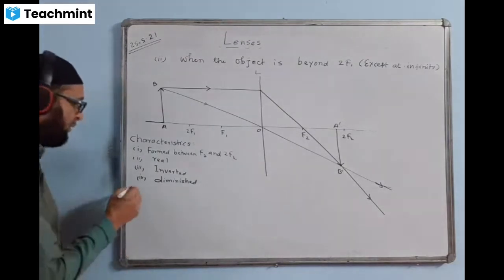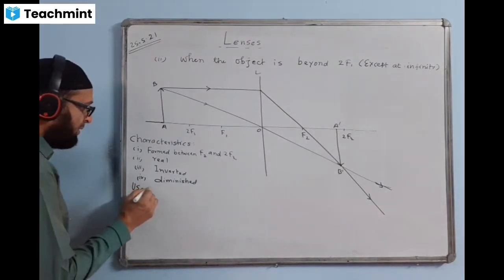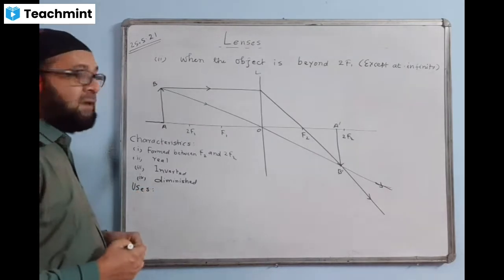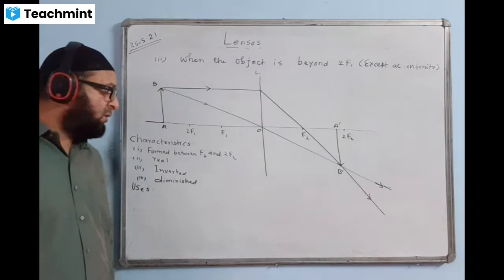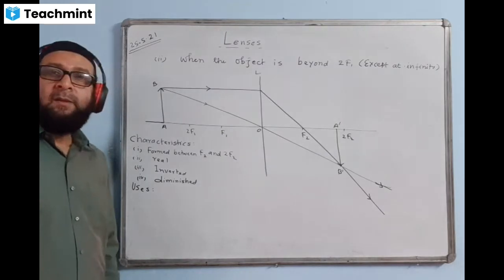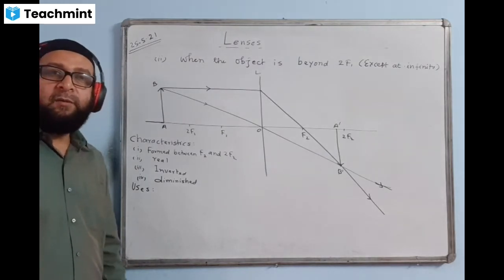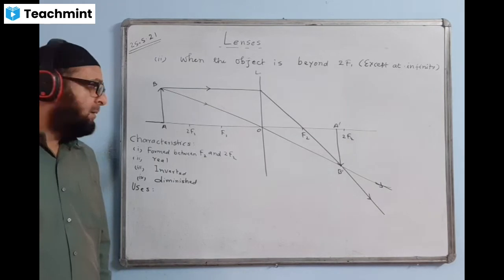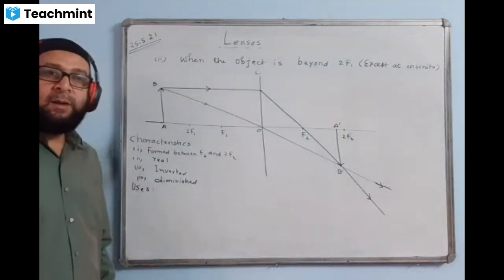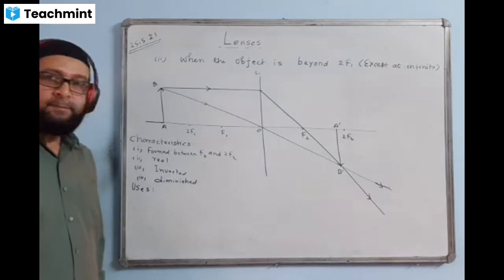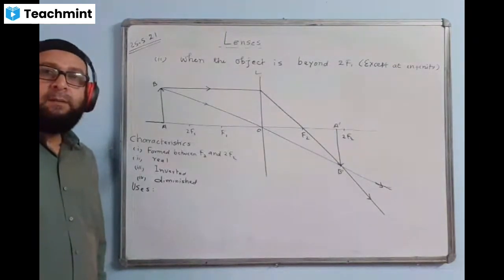Then we write use or uses. Uses of this action of convex lens. In uses we write this action of convex lens is used in photographic camera and in human eye. This happens in photographic camera, in human eye.